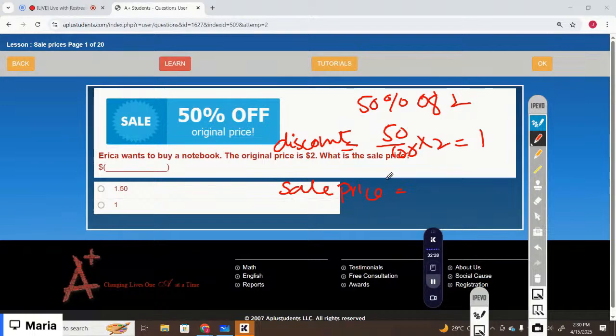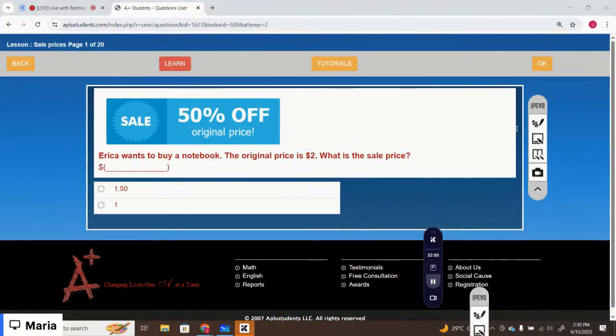The sale price is equal to the original price minus the discount. So 2 minus 1 is 1. That means after the discount, the price is $1. Option number 2 is the correct option.